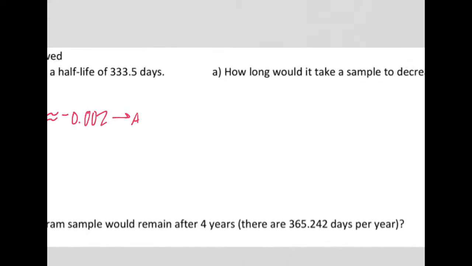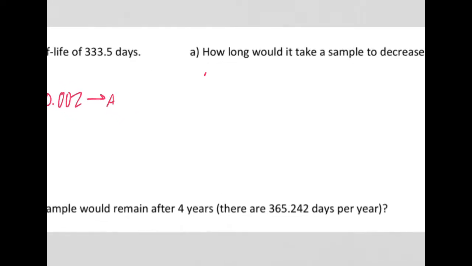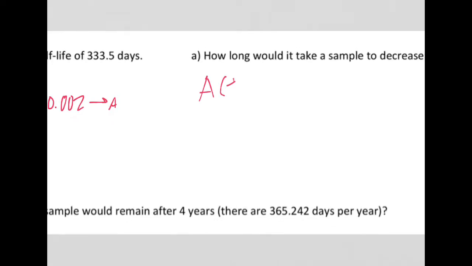And then we want to know how long it would take a sample to decrease in size by 15%. So we're using our PERT equation, but remember when we're talking about percents, it's as if the starting quantity, the P, was just 1. So we can just pretend like it's not even there, and we will get that the percent is going to equal e to the power of the rate, which we stored as A, times time.